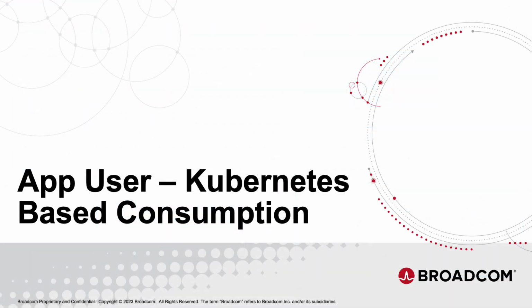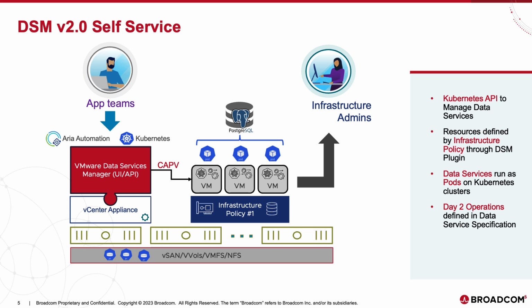Let's look some more at application user consumption. We saw this graphic earlier. The important point is that the consumption surface is a Kubernetes API, and application teams can use the ecosystem of Kubernetes tooling to interact with it, whether that is kubectl CLI, or through their preferred programming language, or simply through the UI. This is not just about deployment either.